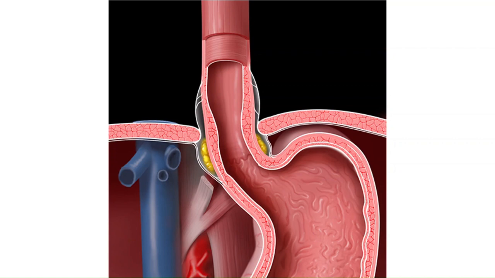The second factor is what you see, the yellow tissue, the fat which is present in this area. This fat also plays a part in maintaining the normal flow of food and preventing regurgitation of gastric contents.